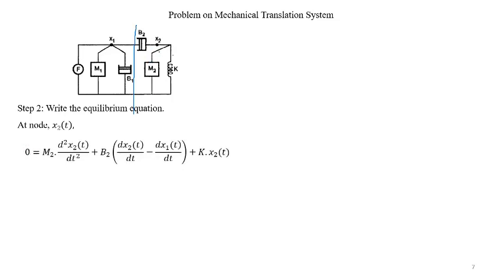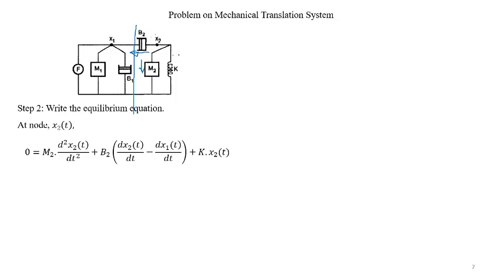The output from this x2 node will be, first one, m2 into the displacement, that is d square x2 divided by dt square, and from here there will be output on this side, that is b2 into dx2. Remember, dx2 by dt minus dx1 by dt. From here the energy will be dissipated.